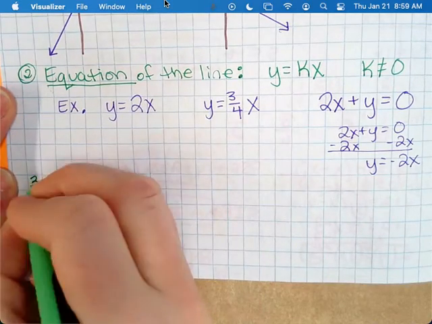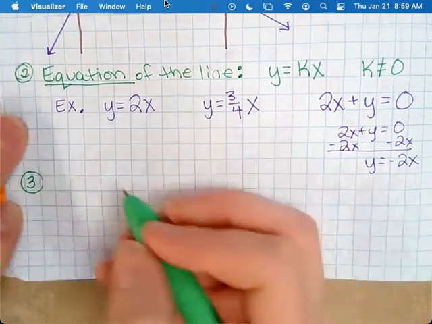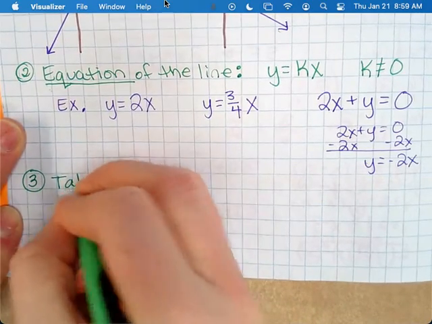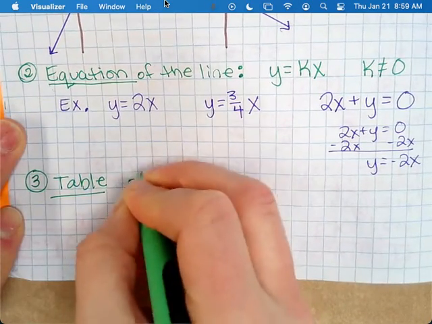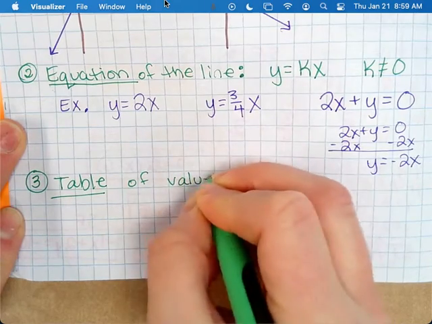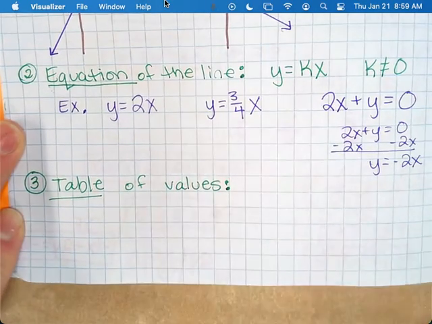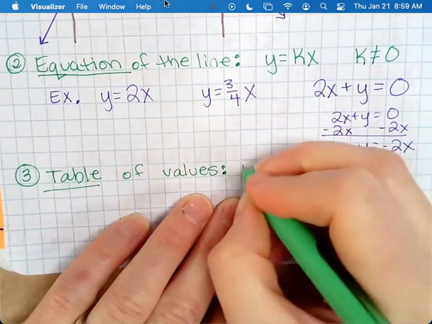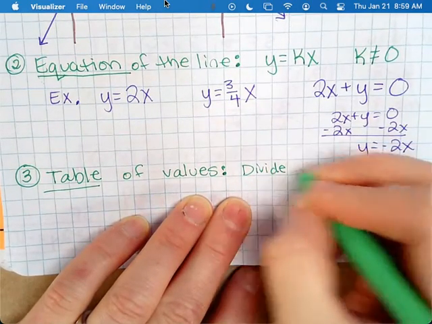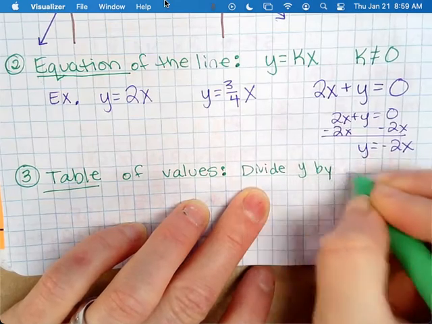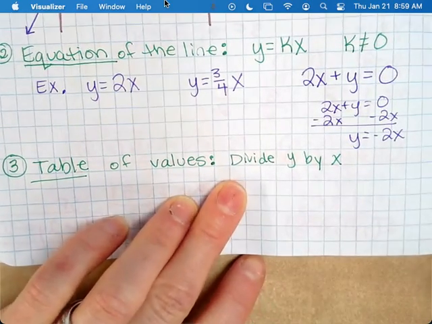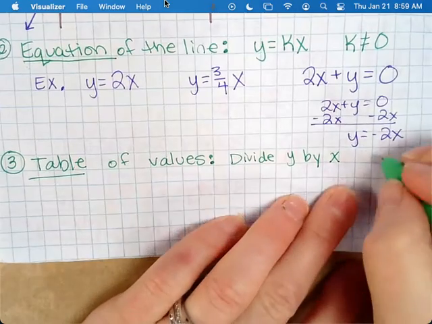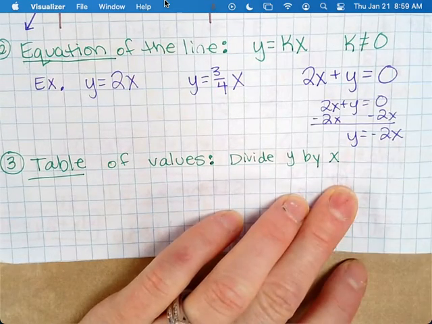Okay, so the third requirement deals with the table of values. Divide y by x, and that'll give you your constant of variation.